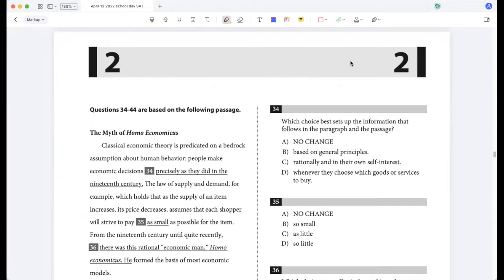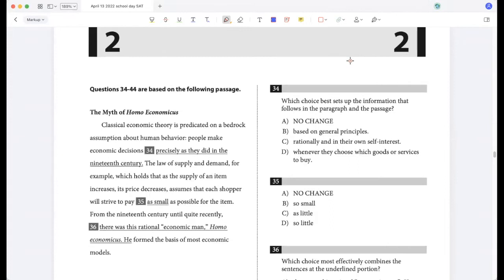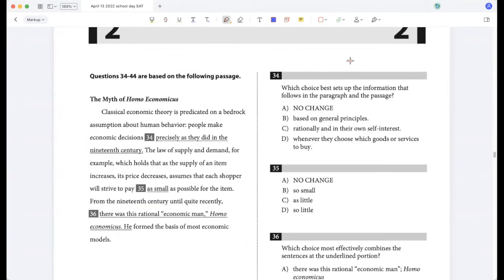The law of supply and demand, for example, which holds that as the supply of an item increases, its price decreases, assumes that each shopper will strive to pay as small as possible for the item. From the 19th century until quite recently, there was this rational economic man, Homo economicus. He formed the basis of most economic models.